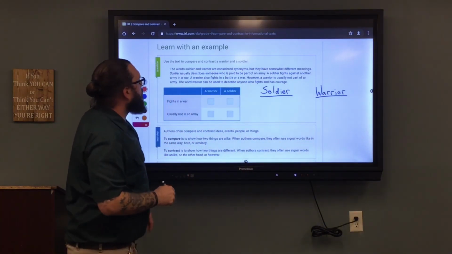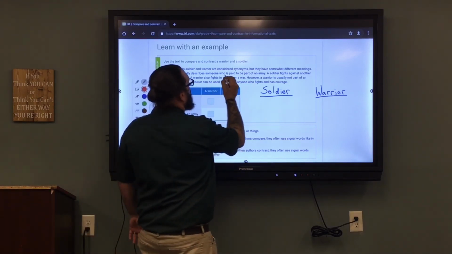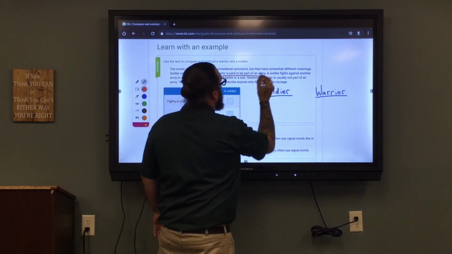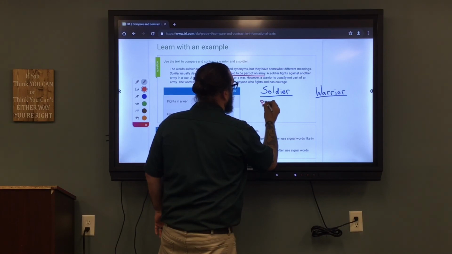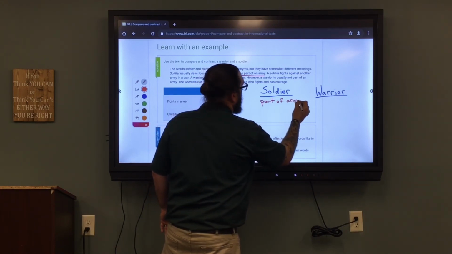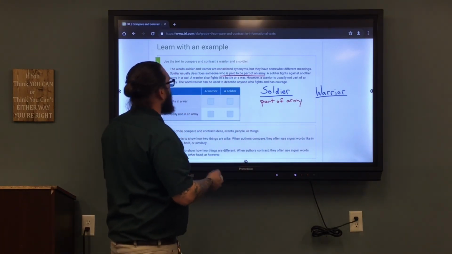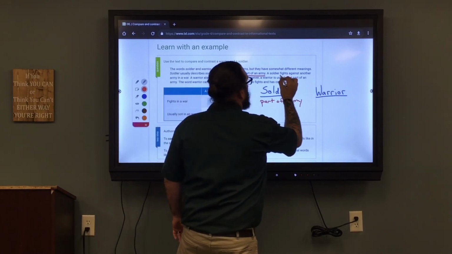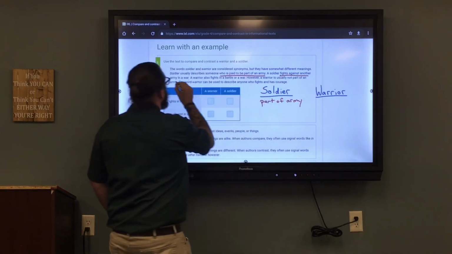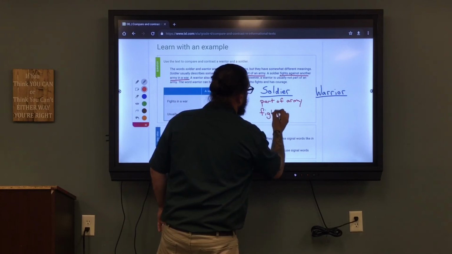So what are we told about soldiers? All right, so a soldier is someone who is paid to be part of an army. A soldier fights against another army in a war, so we know that they fight in a war.